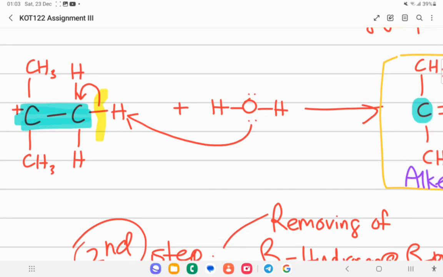By doing this, our base, water, removes the proton from our carbocation.